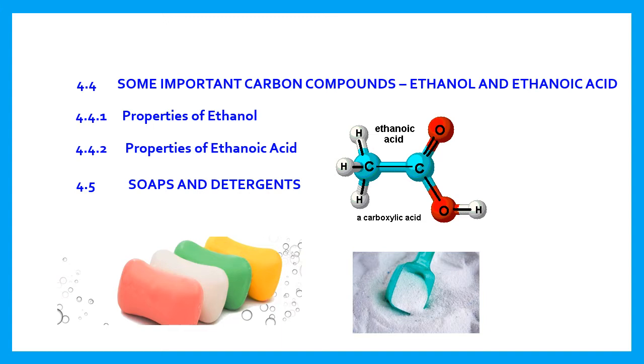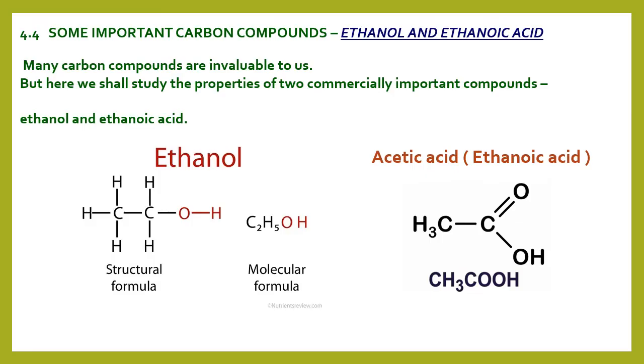Only two carbon compounds we discuss, and those are ethanol and ethanoic acid. Then we'll discuss properties of ethanol and ethanoic acid. The last topic of this chapter will be soap and detergents. Okay, so let me start with the first topic, important carbon compounds, that is ethanol and ethanoic acid.